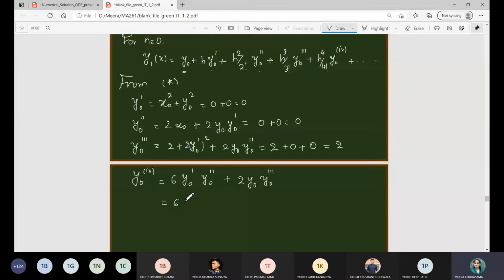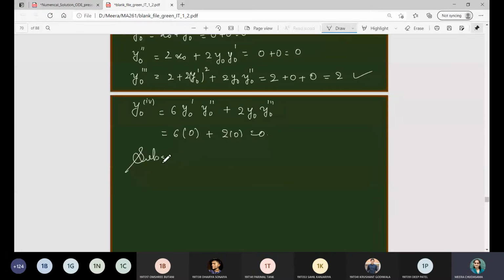So 6 y0 dash is 0, so this will be 0. Y0 is also 0, so this will be 0. So just we have one quantity which is non-zero in this infinite series, and after this fourth order derivative we can neglect the terms because it will affect after 4 decimal places, right? So let me give this as 1.